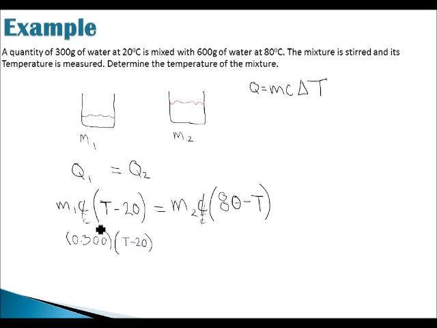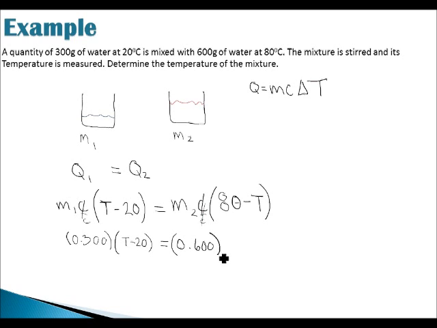I'm going to avoid putting units for now. You should put units in because it helps you see what units your final answer will have. But because we're asking for the temperature, we know it's going to be degrees Celsius. This is a quick and dirty example, so I'll skip it for right now.